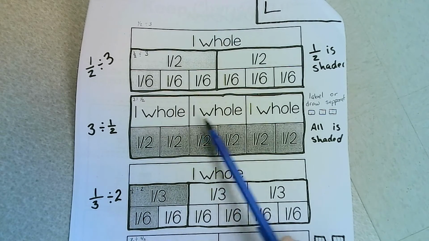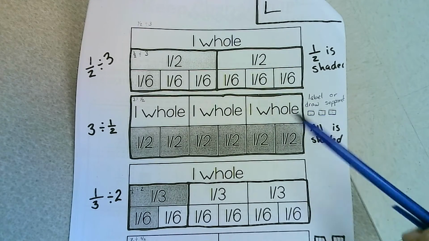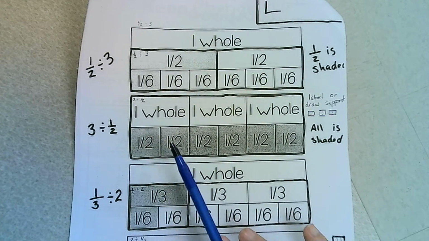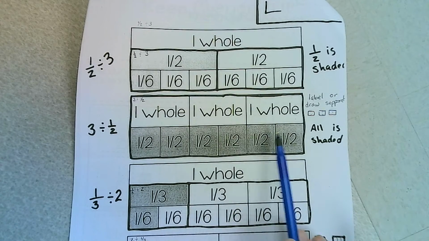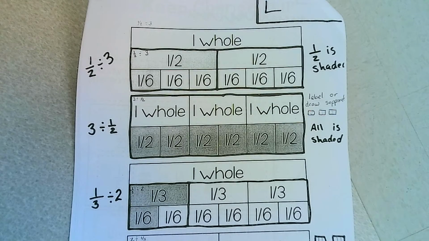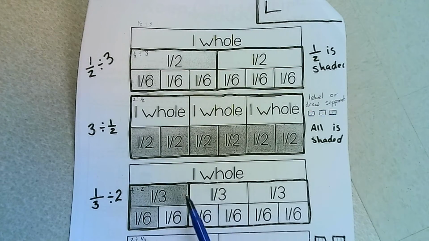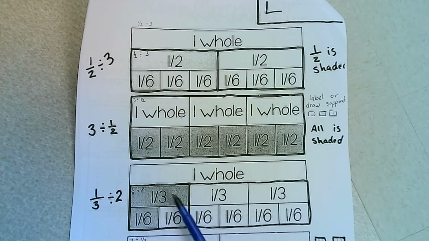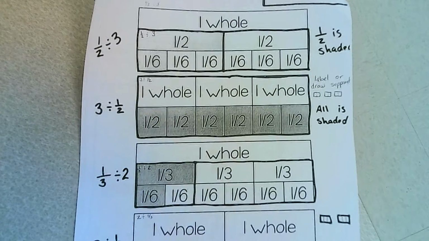Again, since we got 3 wholes and they're labeled wholes, or you can draw them separated, and they're each divided into half, and then you would just count them. You have 1, 2, 3, 4, 5, 6 halves. So it is just actually drawing the size you need and then physically dividing it into whatever it says.